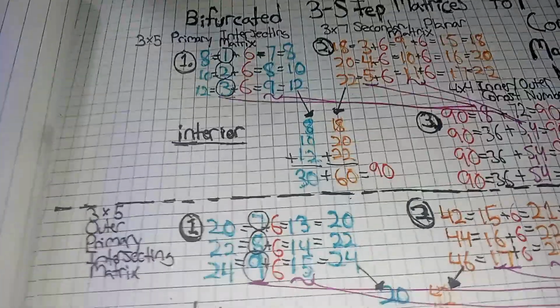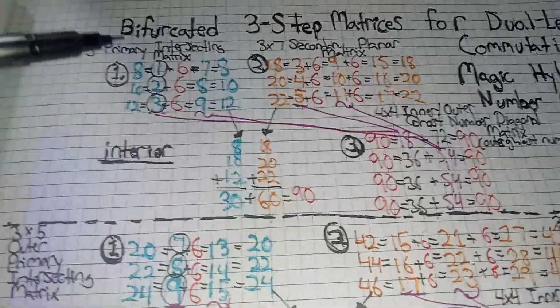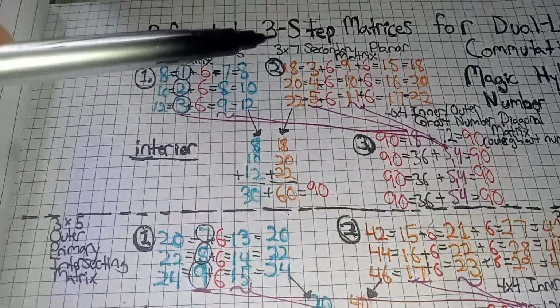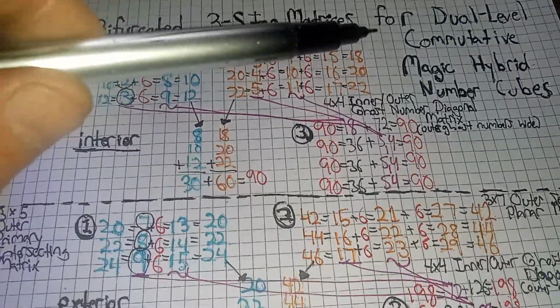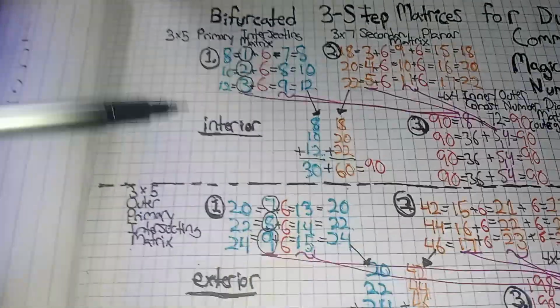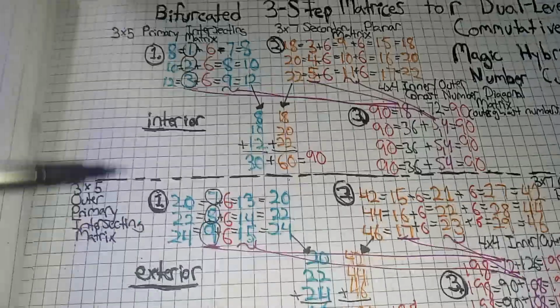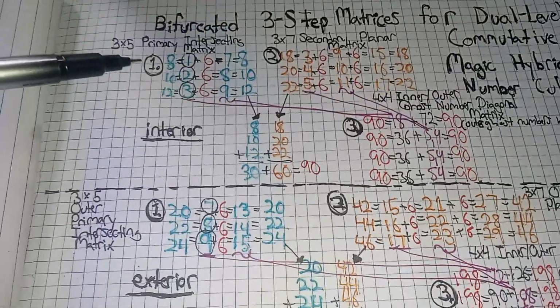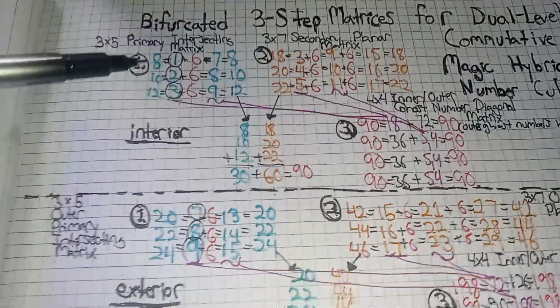Anyway, the bifurcated cube is what solves, or three-step matrices for the dual commutative magic hybrid number cubes, interior and exterior, is what solves for both the interior cube.